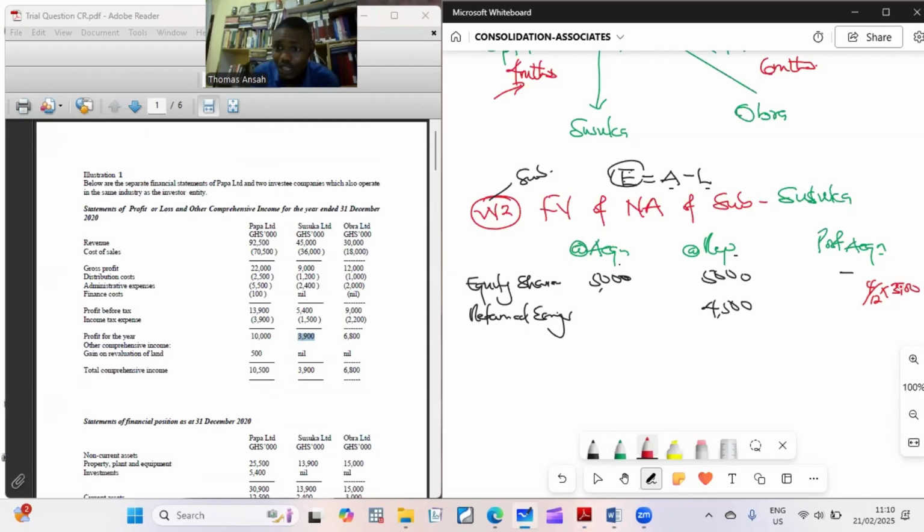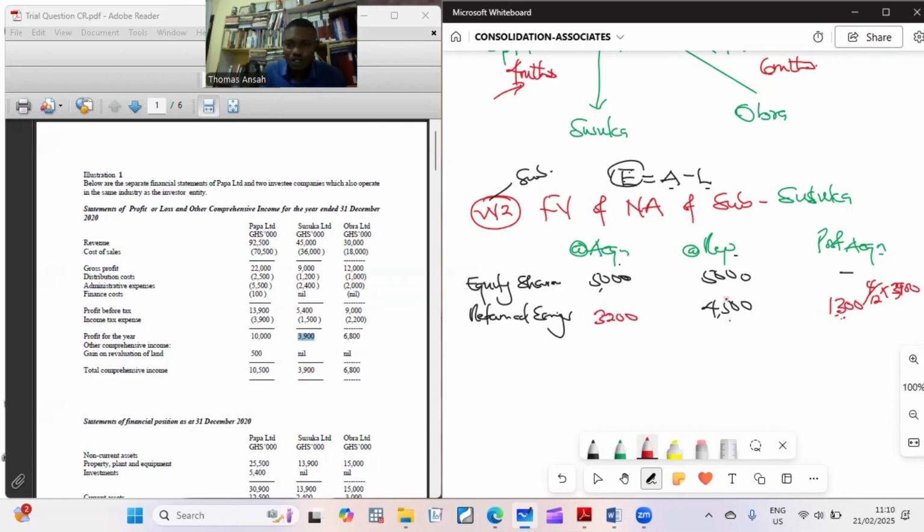And we do this anytime the acquisition is mid-year, but within the year. So you have 4 over 12 multiplied by 3,900, meaning that your post-acquisition here is 1,003. And if here is 1,003, then what will be the figure here? So if at reporting minus at acquisition will give you this, then if you less 4,500, here is supposed to be 3,200.